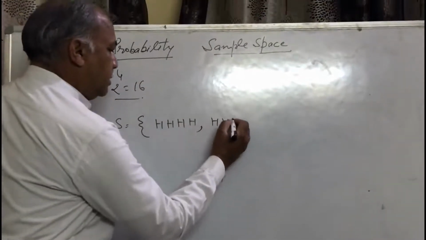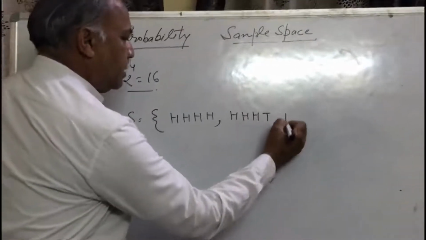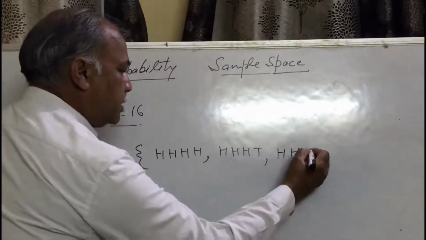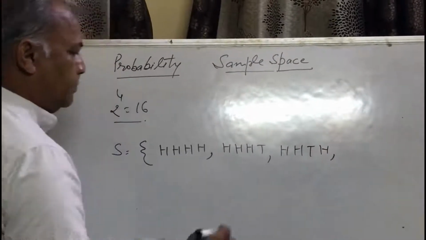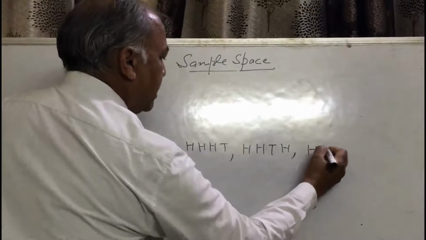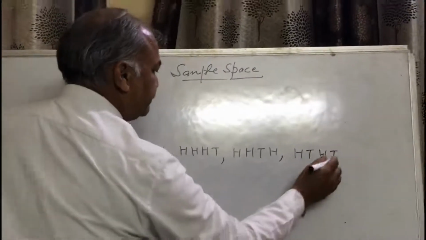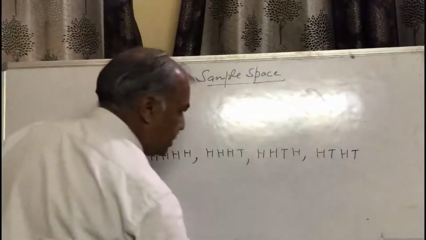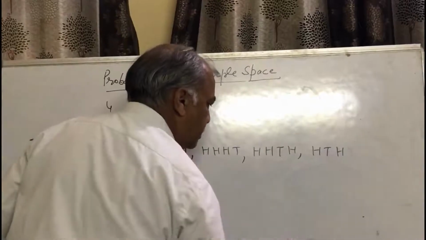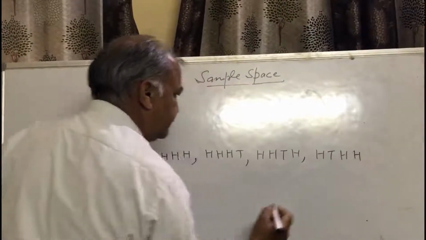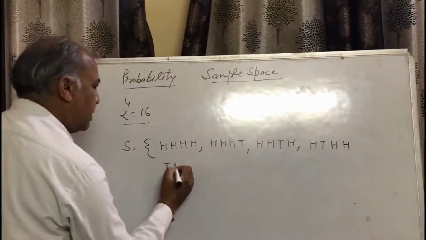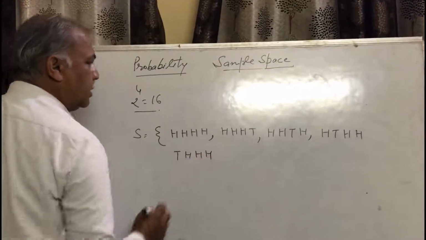Head, head, head, tail. Head, head, tail, head. Head, tail, head, tail. We can write here similarly, head. Then tail, head, head, head.